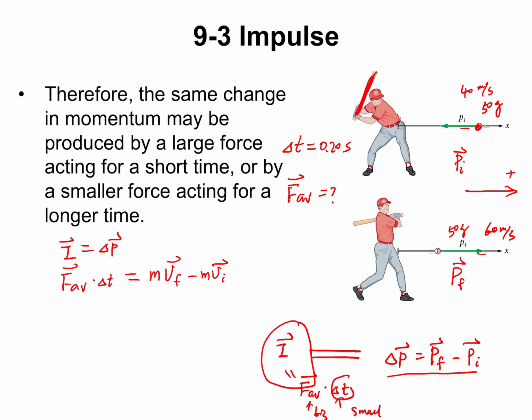You have to use the sign to tell the direction. So average force times time, 0.2 seconds, equals mass 0.050 kilograms times final velocity, 60 meters per second in the positive direction, minus 0.050 times initial velocity, 40 meters per second. It points in the negative direction, so negative 40.